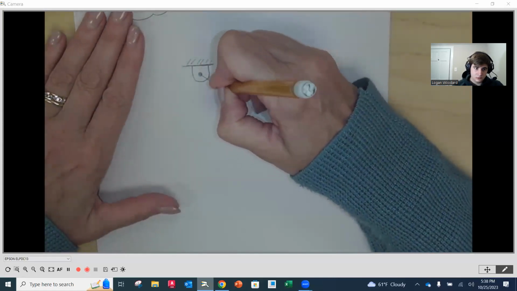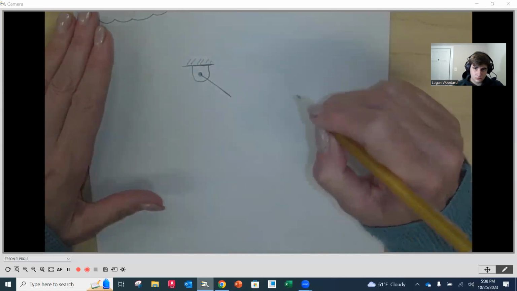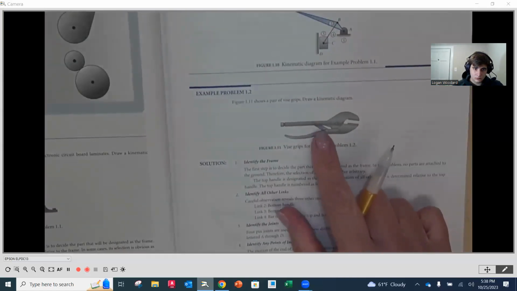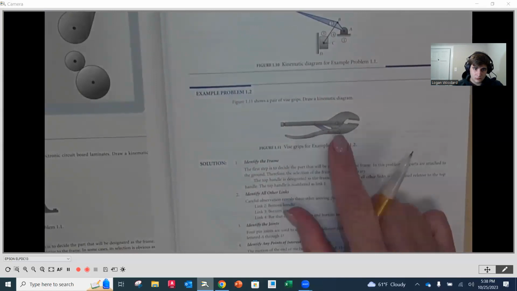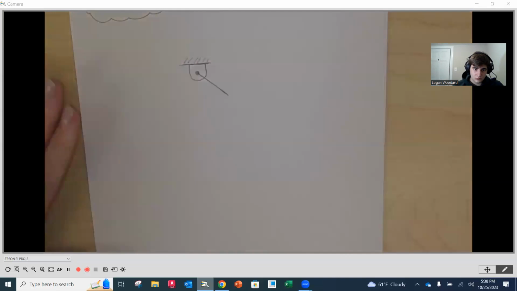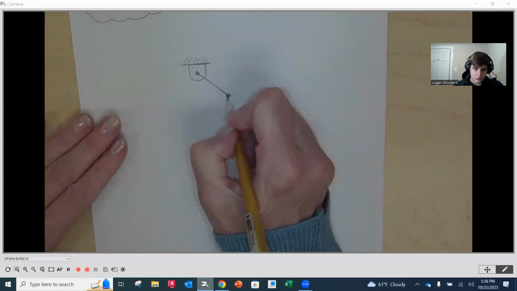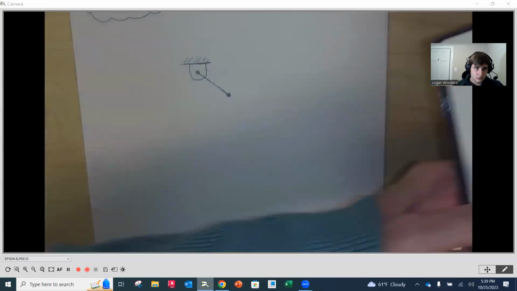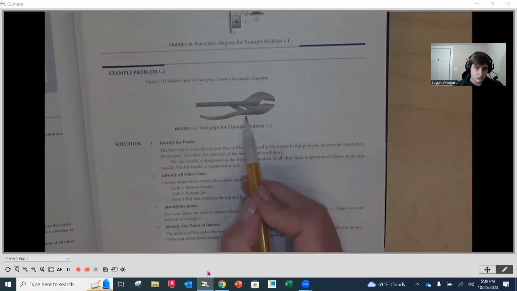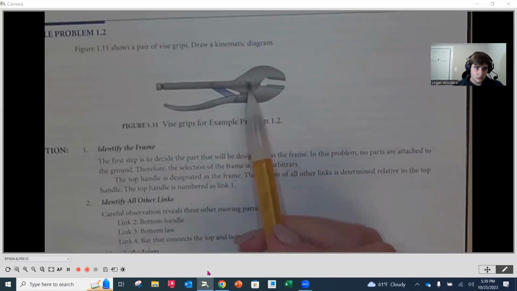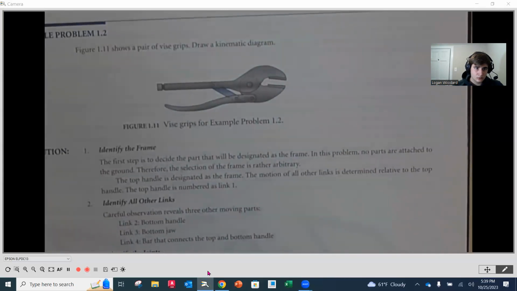And then we're just going to go at an angle here for the first connection. I'm going to draw this line right in between here down to where the handle is. And then it has a connection to the handle. Now, as we look at the handle, it looks like these two joints are pretty close to each other. I know it might be hard to see, but they're pretty in line with each other.